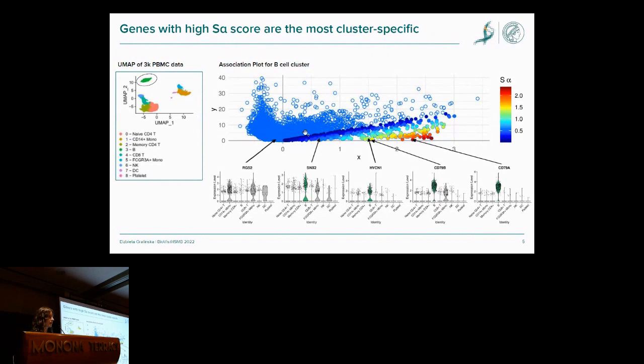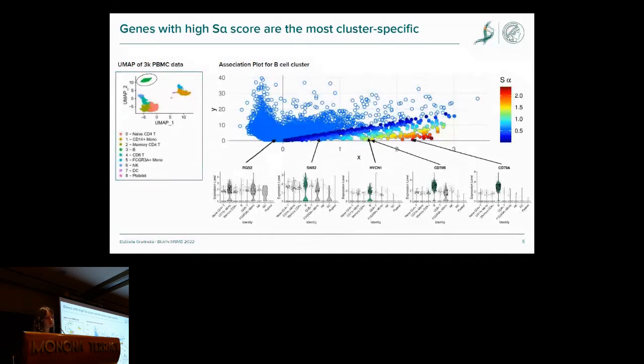Oh, but that is observed within one cluster. Yes. So each association plot is generated only for one cluster, but it also contains information on the expression in other clusters. This is the whole magic behind association plots.